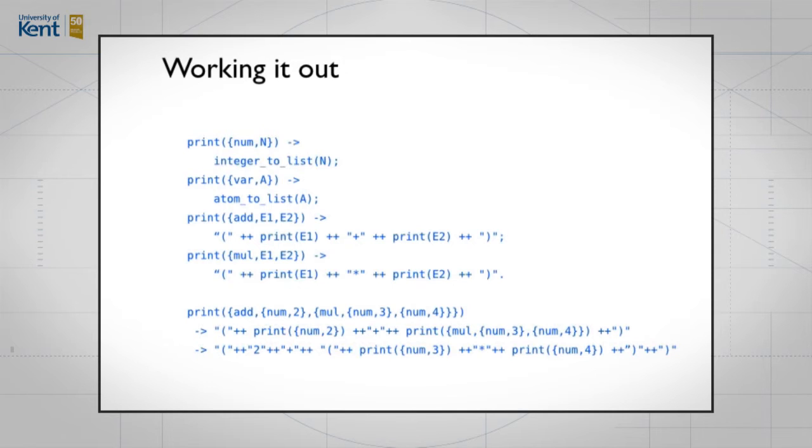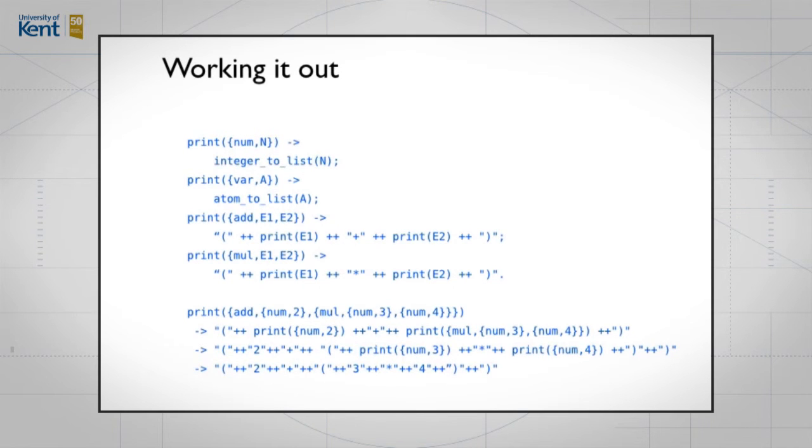the first call has become the string with just 2 in, and the second call has nested as 2 more calls to print, but these are both calls to print num, which will, in due course, turn into strings for the number 3 and the number 4. So that will turn out to look like this.